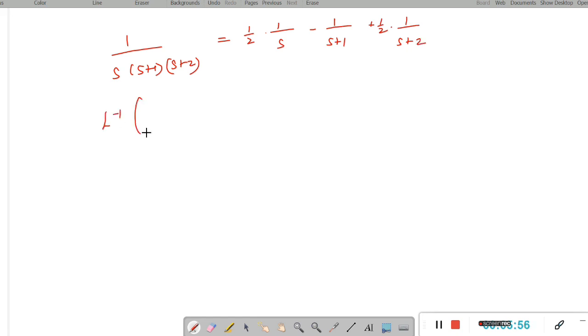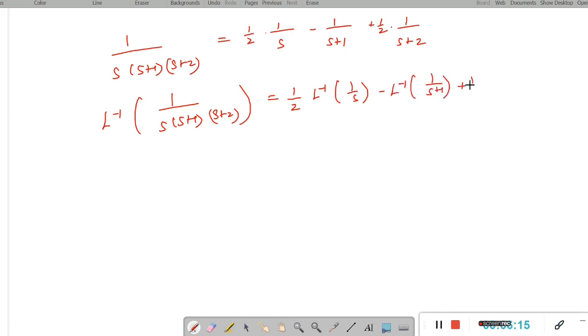So L inverse of 1 by s into s plus 1, s plus 2 equal to, by using the linear property of L inverse, you can rewrite 1 by 2 into L inverse of 1 by s minus L inverse of 1 by s plus 1 plus 1 by 2 into L inverse of 1 by s plus 2.